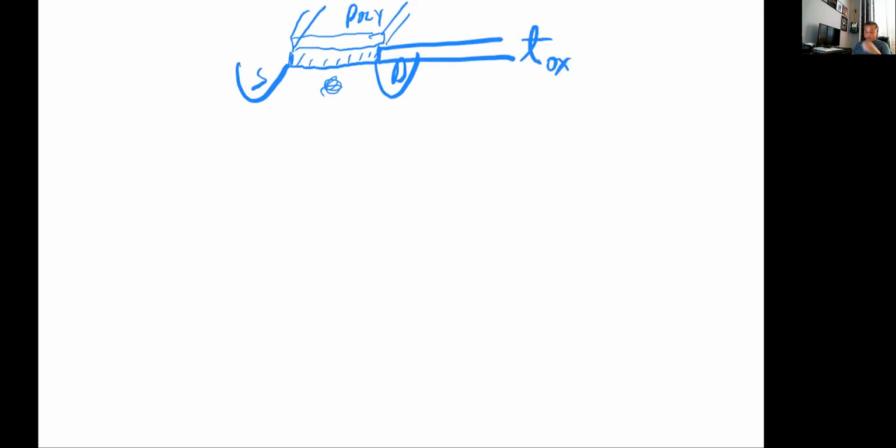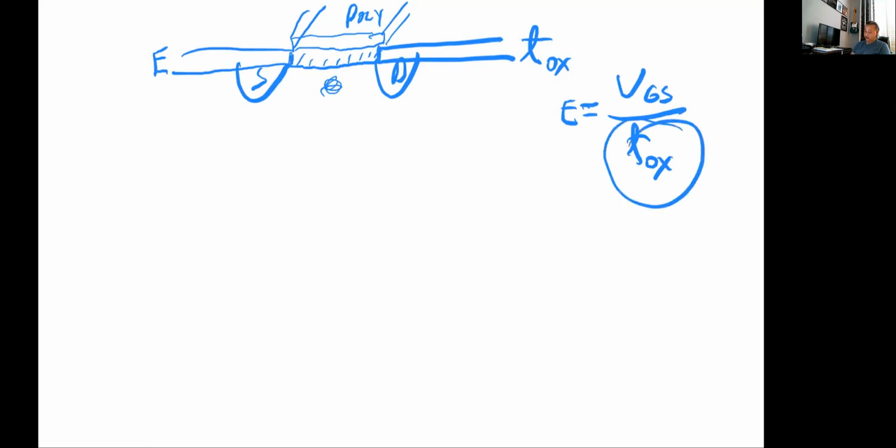So if you put a voltage at the gate on the polysilicon electrode, you're going to get an electric field through that oxide into the channel. Well, this oxide thickness here is on the order of angstroms.